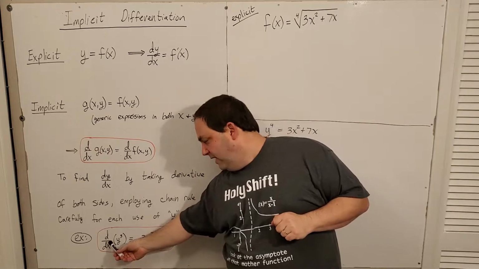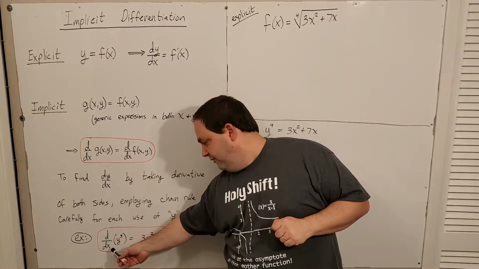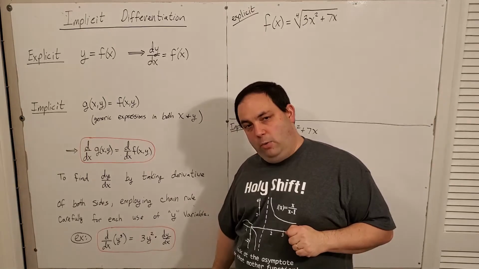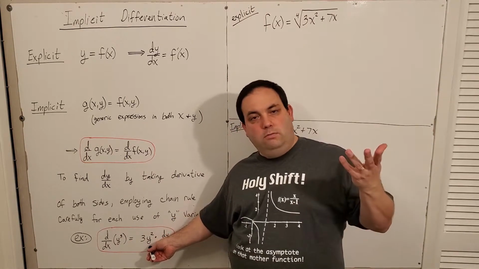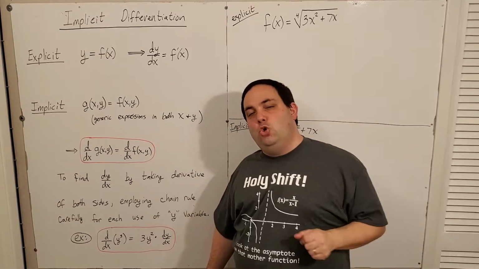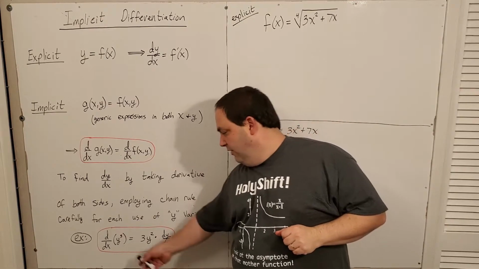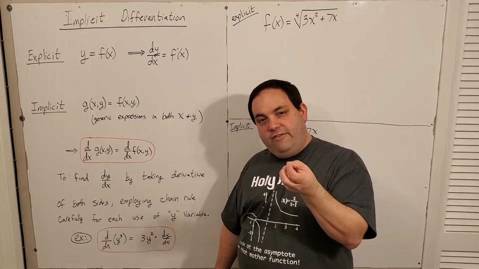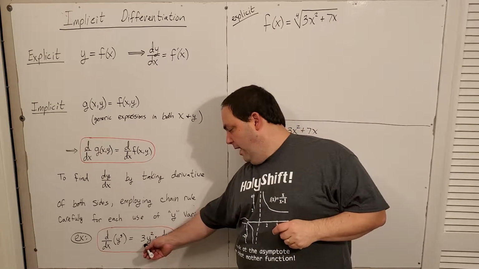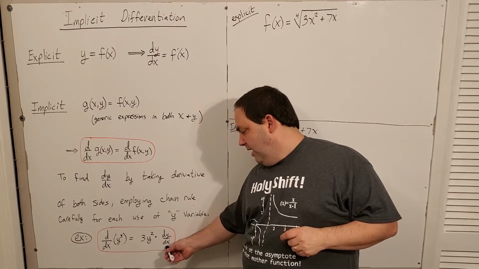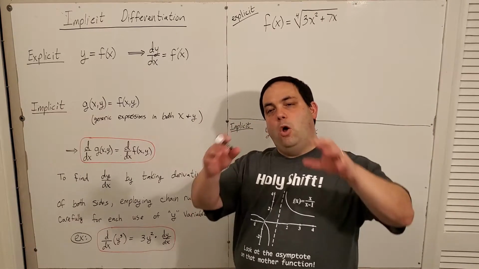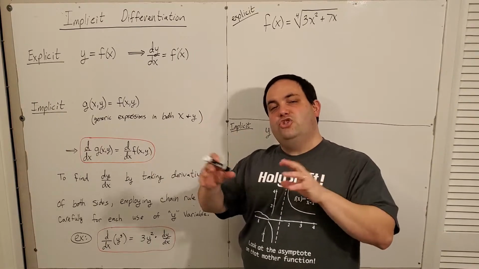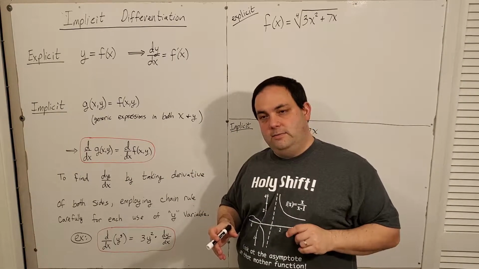So for example, if I take the d over dx derivative of y to the third power, of course the power rule kicks in and you have 3y squared, but that's the outside. The cube is the outside function. The y is the inside function, and according to the chain rule, outside times inside derivative. There's your dy dx. So that's where we're going to get all of our dy dx's that we'll be able to solve in these things. Okay?